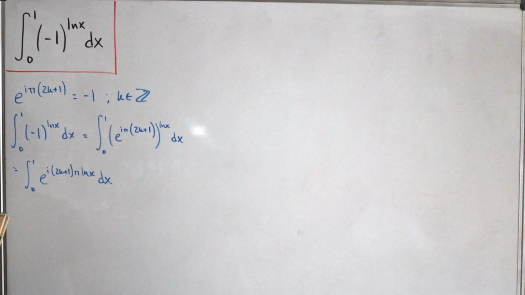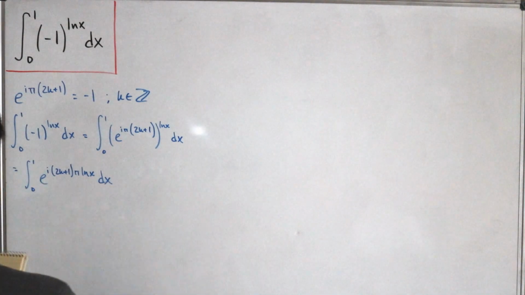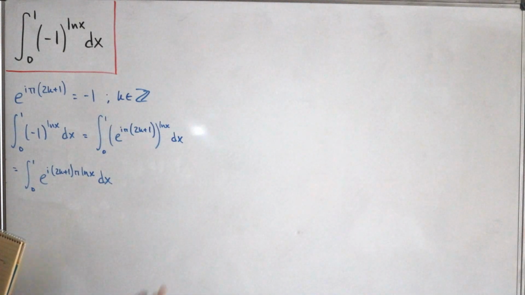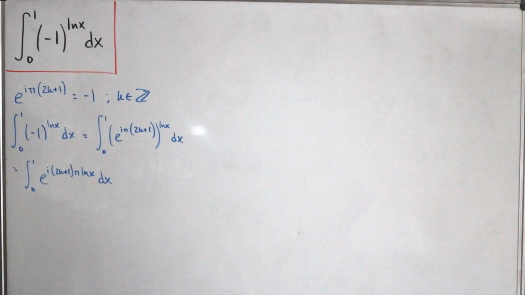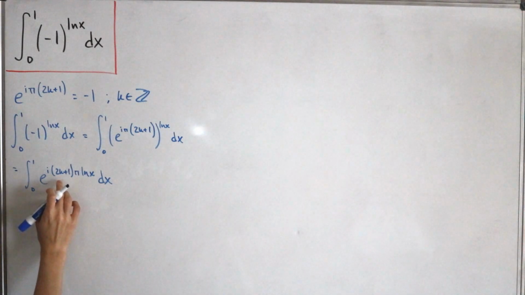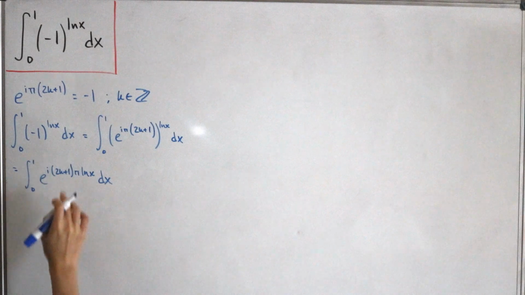From here, let's use the definition of Euler's formula, which says e to the power i x equals cosine of x plus i times sine of x. Here we have an input of (2k+1) pi multiplied by ln of x.